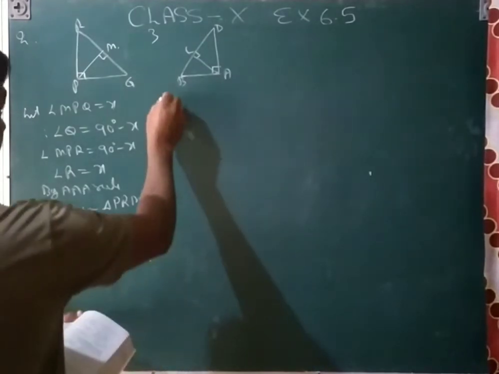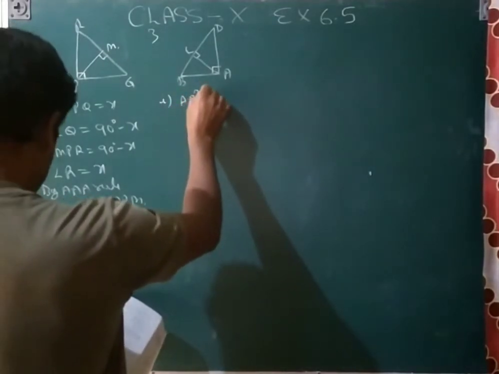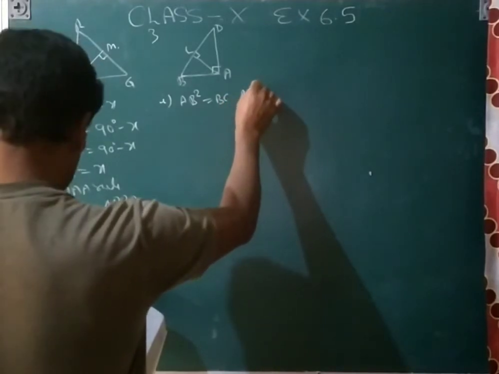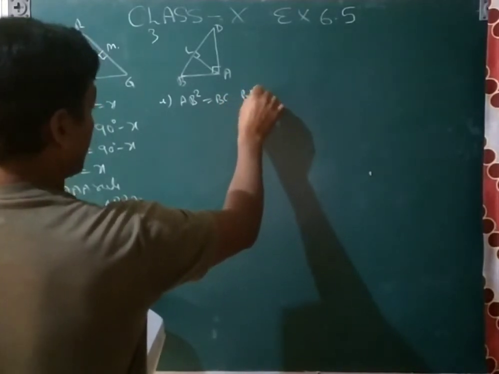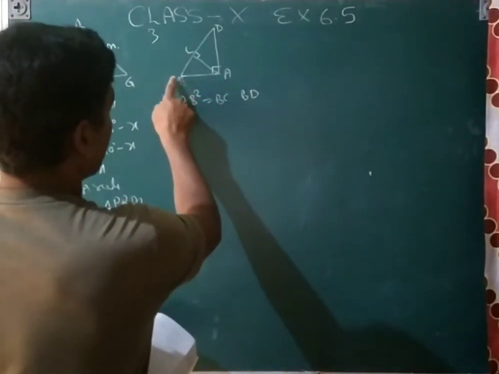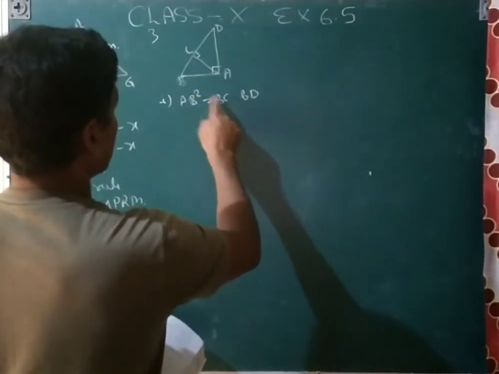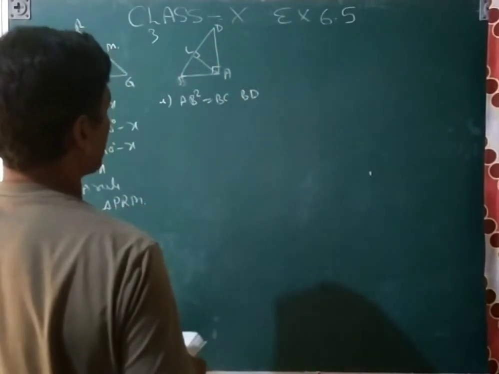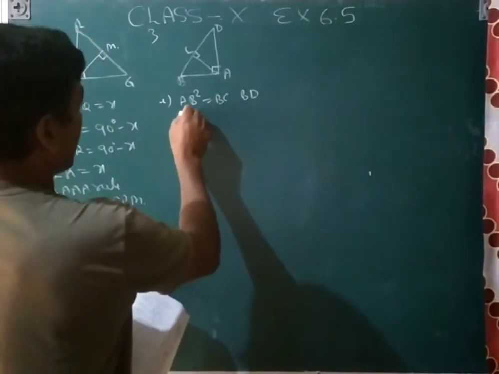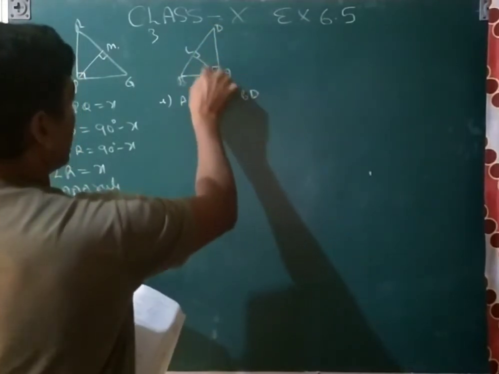The first part is, we need to prove that AB square is equal to BC multiplied by BD. First of all, we will see the triangles, this one and the whole one.